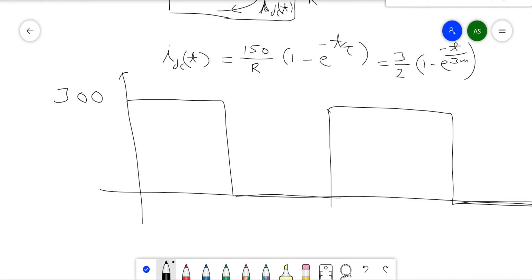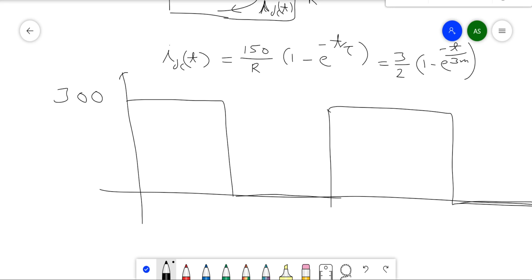So now let's see the DC component. Let's first plot the DC component. Okay, so the time constant is 3 millisecond. If you have studied control system, then you will know that if the time constant is 3 millisecond, the current will reach its steady state in approximately 4 time constant. Okay, so till 12 millisecond the DC current IDC(t) will reach its steady state till approximately 12 millisecond only.